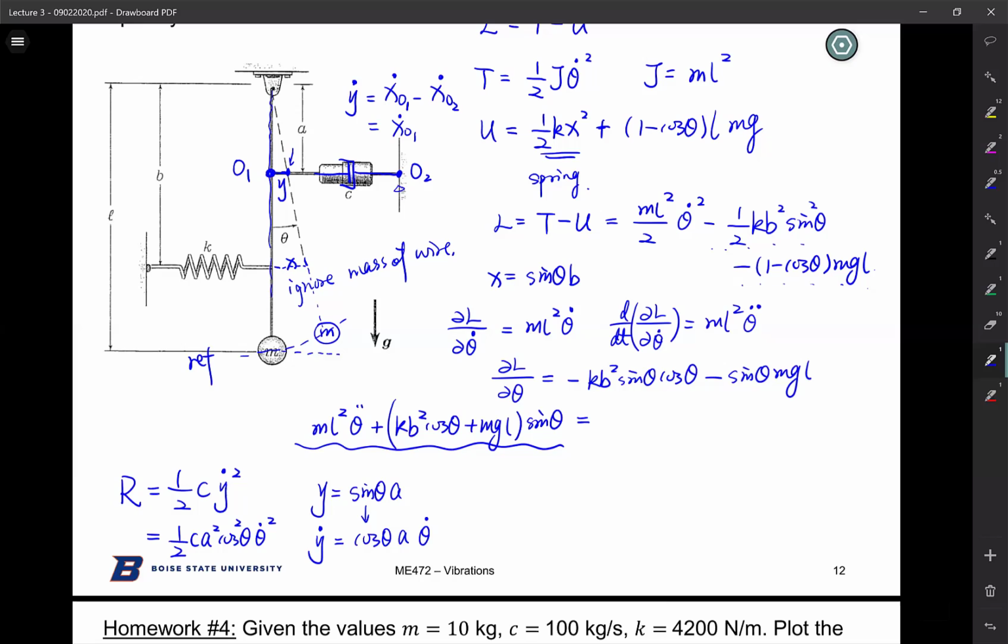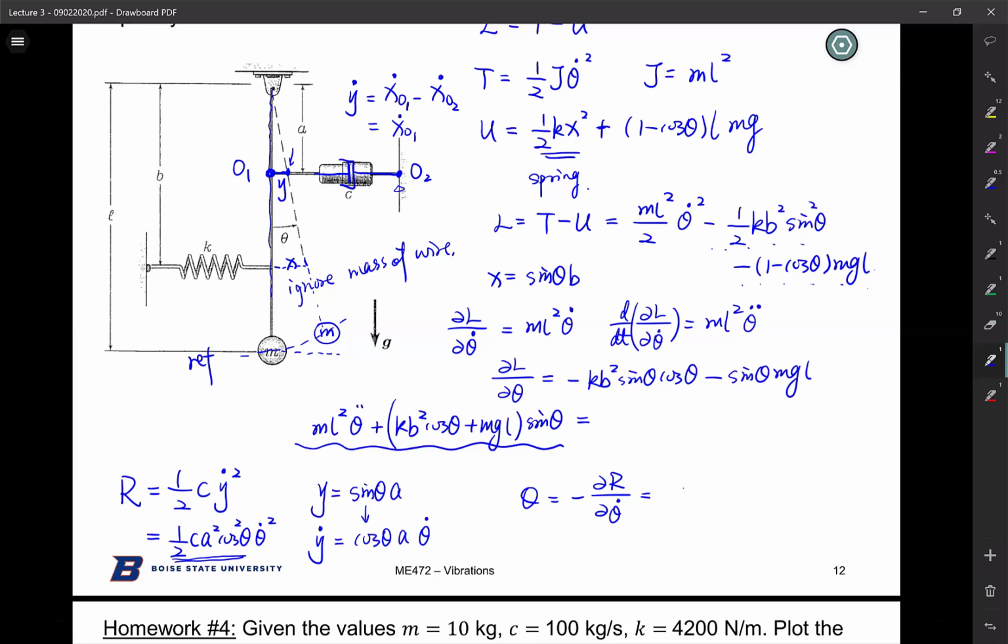All right, so we need to find your Q. Your Q is minus the partial of R with respect to velocity. Because we're taking the partial derivative with respect to theta dot, whatever in front has nothing to do with theta dot, so we consider it a constant.